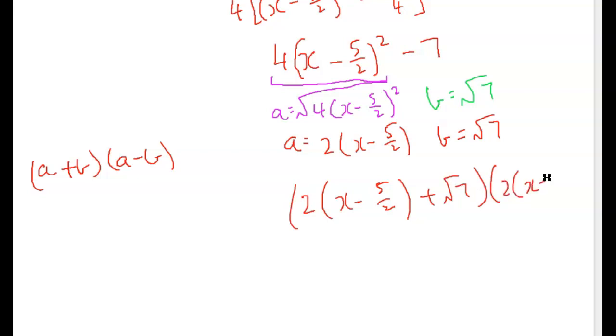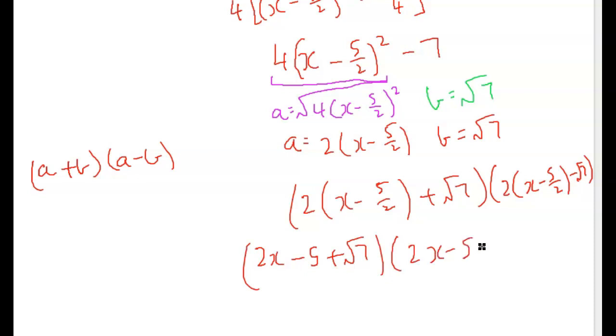And then we're doing A minus root 7. Okay, and then I'm just going to expand this bracket. So we've got 2x, 2 times negative 5 on 2 just gives you negative 5. And then we've got plus root 7. And then we've got 2x minus 5 minus root 7.